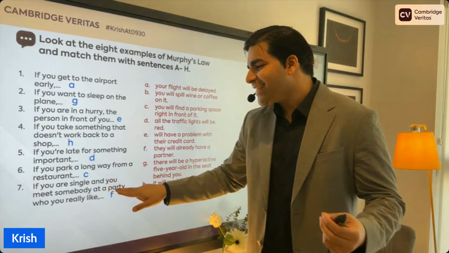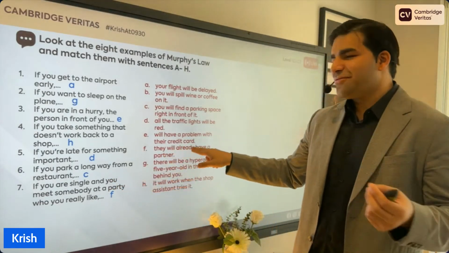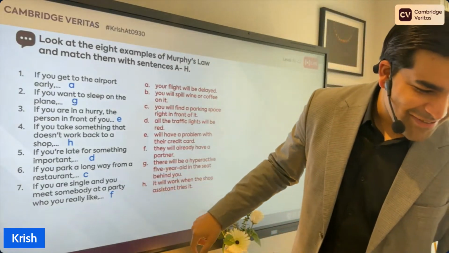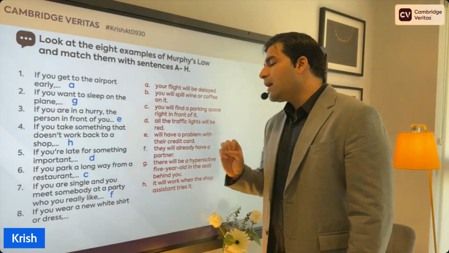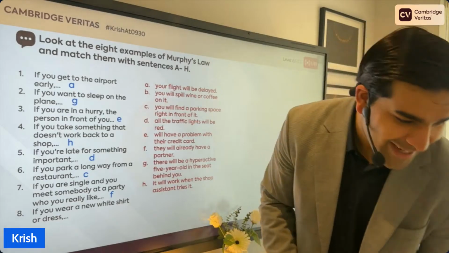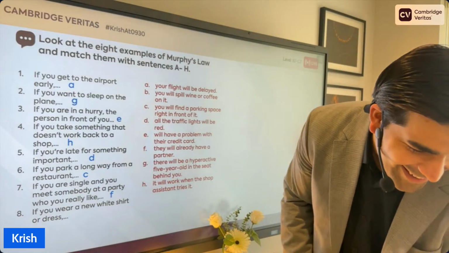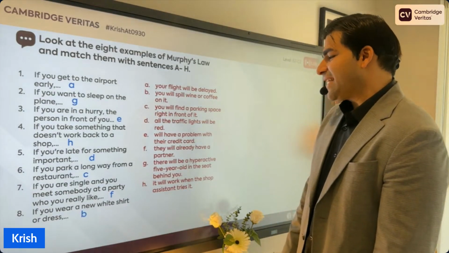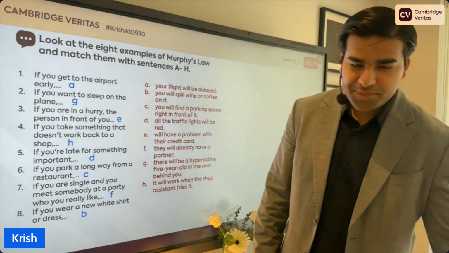Oh man. Yeah. All right, the last one, here we go. If you wear a new white shirt or dress, the last one is B, which is you will spill wine or coffee on it.